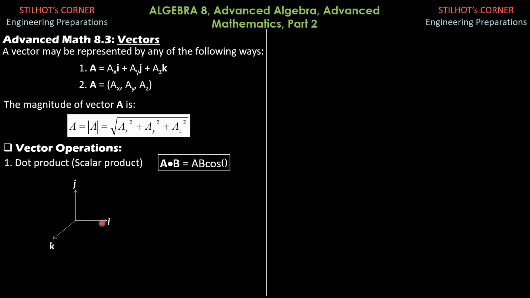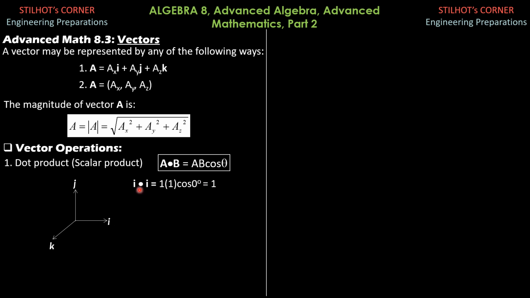i dot i. By this definition, magnitude of i is 1, magnitude of the other i is 1, and the angle between i and i is 0, and cosine of 0 is 1. Therefore, i dot i is 1 times 1 times cosine of 0, which is 1 times 1 times 1, so it is 1.